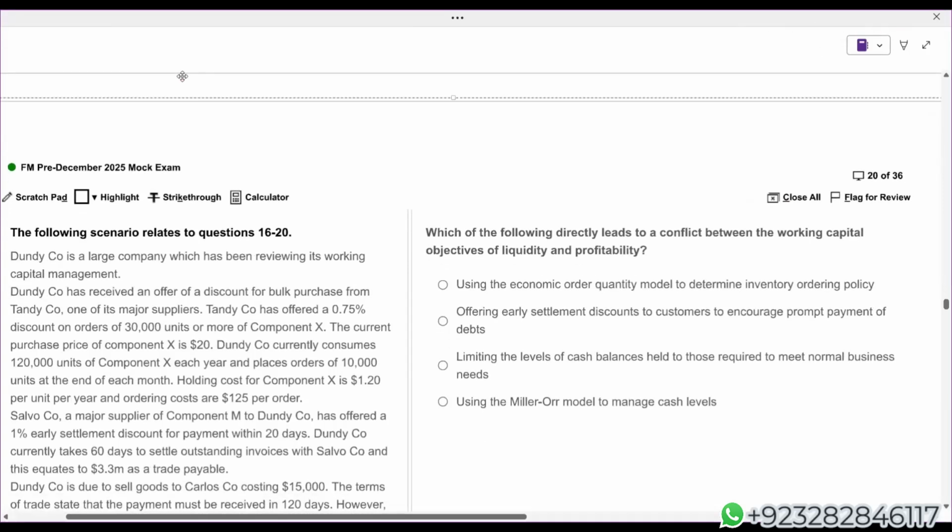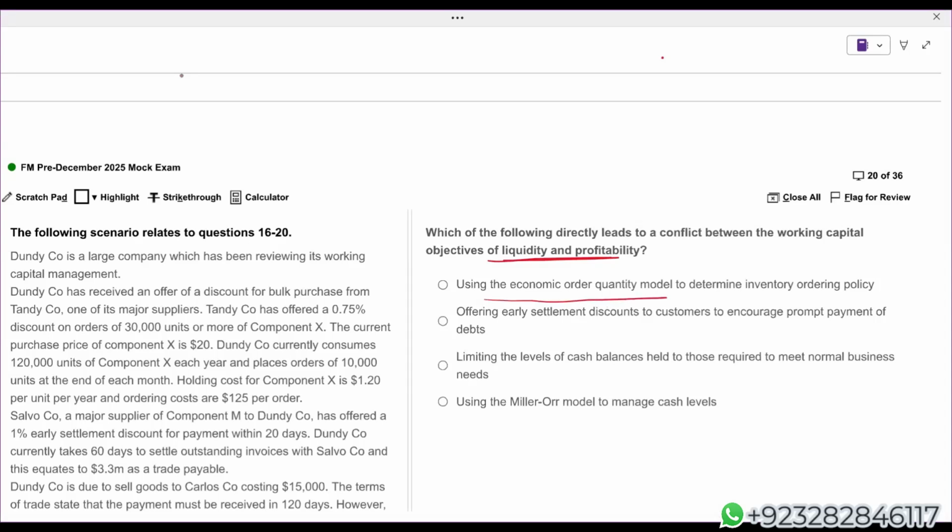Which of the following directly leads to a conflict between working capital objectives of liquidity and profitability? Using economic order quantity model, no, it has nothing to do with it. Offering early settlement discount: if you're offering early settlement discount, then your liquidity will improve, but there is a possibility that profitability may reduce.